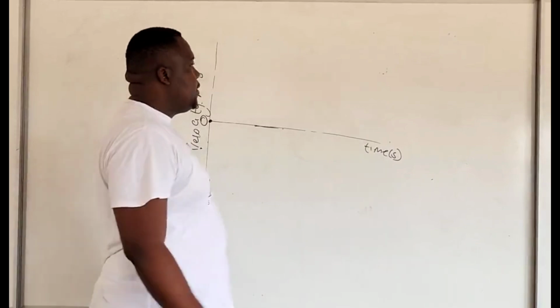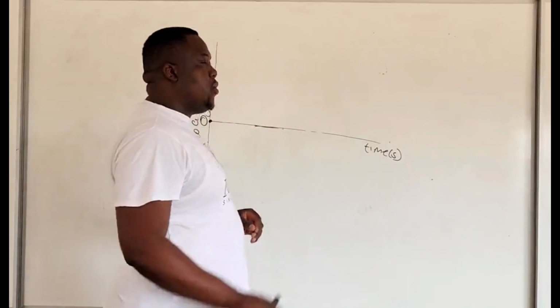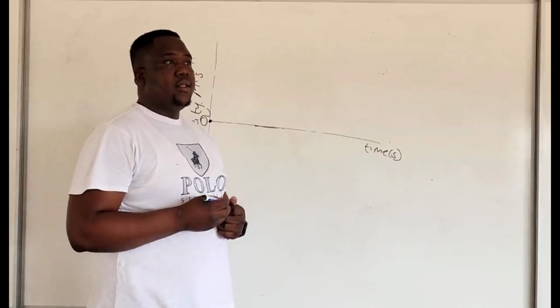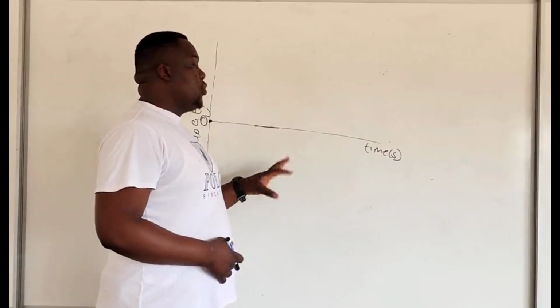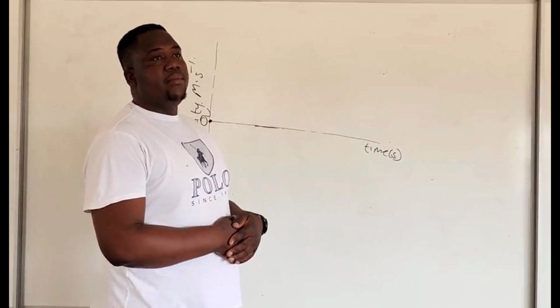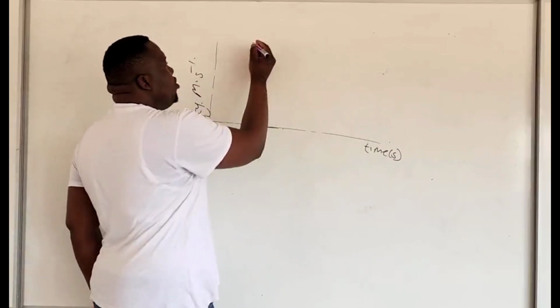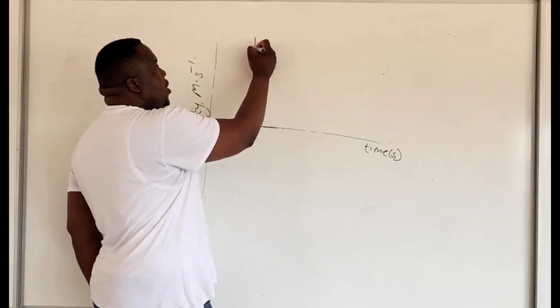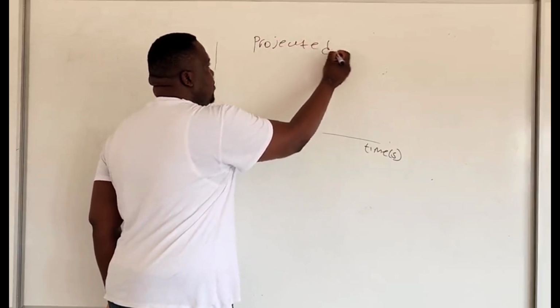There are words which I want us to look at so that we can be equipped to deal with this velocity versus time graph. Sometimes you will find words like the object is projected.